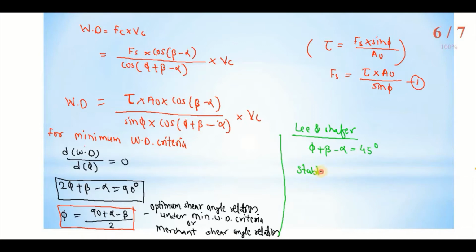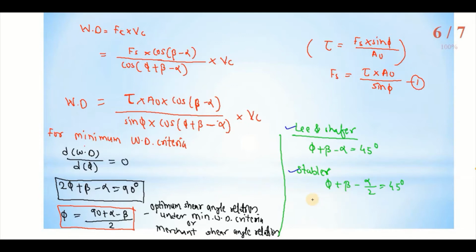Stabler also validated the Merchant shear angle relation, and he found the equation phi plus beta minus alpha by 2 equal to 45 degrees. So these two successors of Merchant, Lee, Shaffer and Stabler, found new equations.